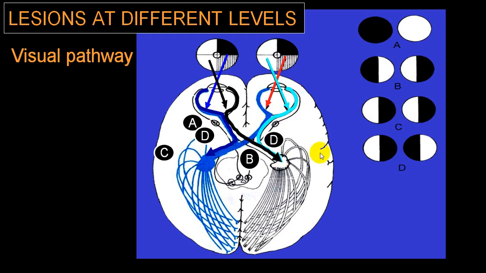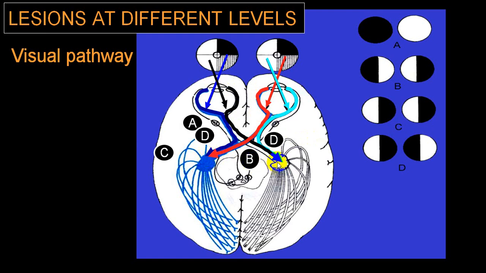While the nasal fiber of the opposite eye, that is the left side, that is the nasal fiber of retina, medially crosses in the center part of chiasma to the opposite side. Means left side fiber will cross to the right side and right side fiber will cross to the left side, and then it will end in the lateral geniculate body of the opposite side. You can see here also this crosses to the opposite side.